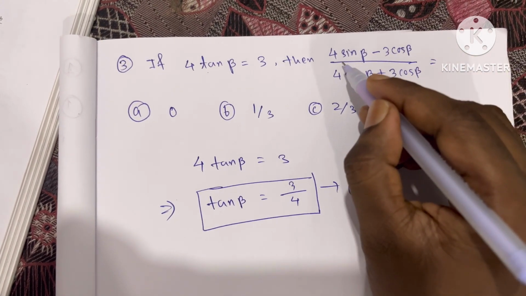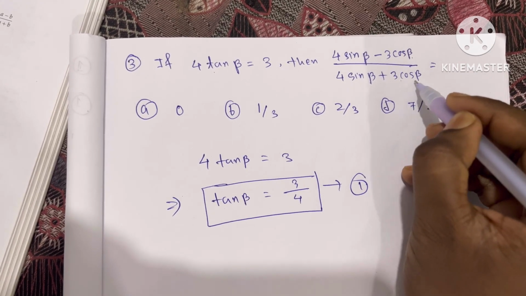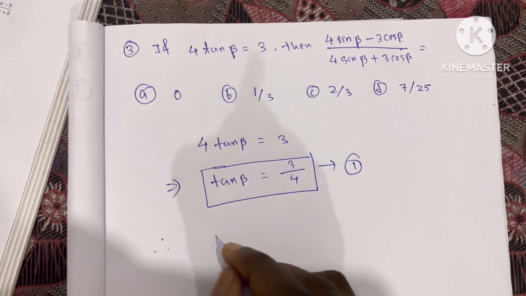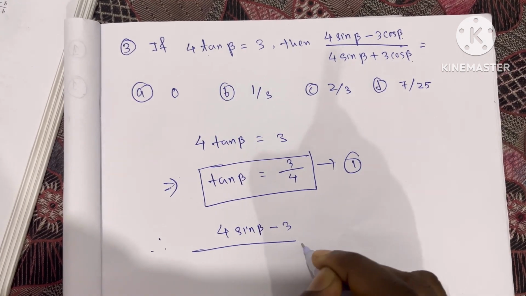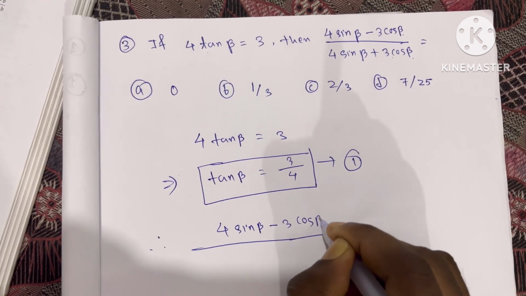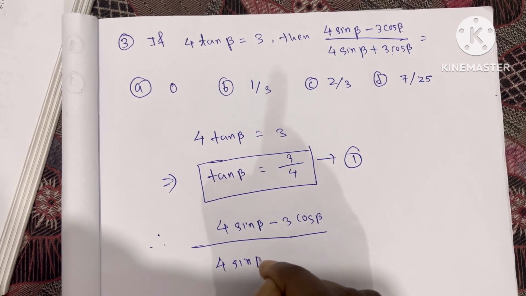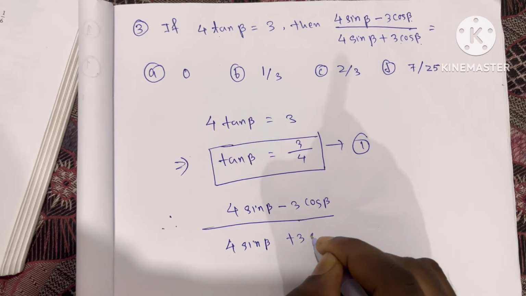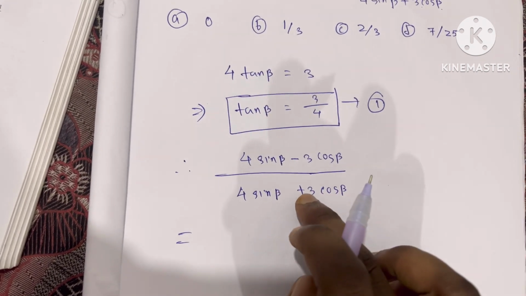I need to find the value of 4 sin beta minus 3 cos beta divided by 4 sin beta plus 3 cos beta. So how will we find it? This is your numerator, this is your denominator.